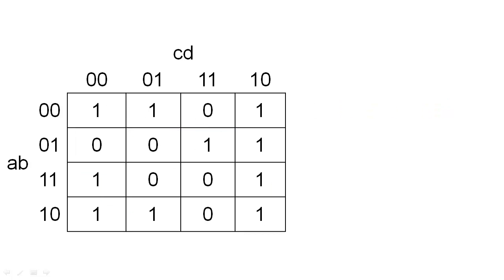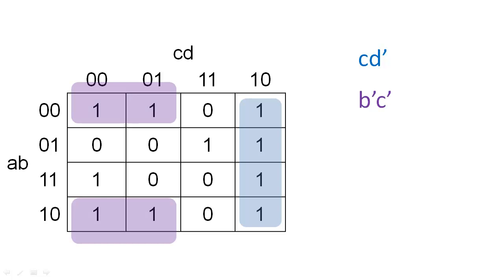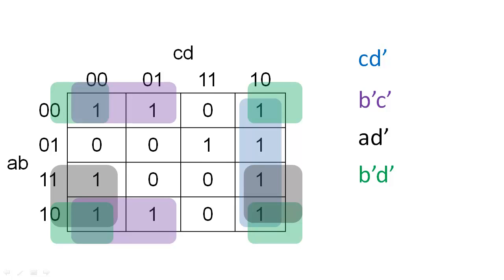Unfortunately, not all Kmaps are always this simple, and there's not always a unique solution to every Kmap. This Kmap has 2 solutions, and first we'll identify the 5 prime implicants. Some of the cells here are covered by only one prime implicant.